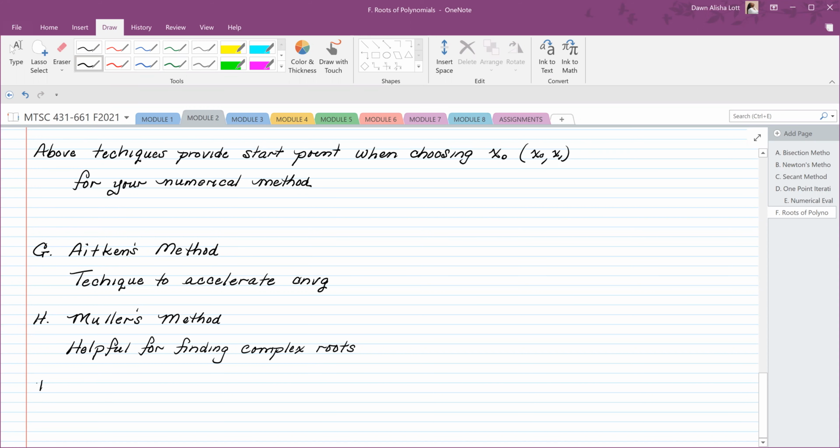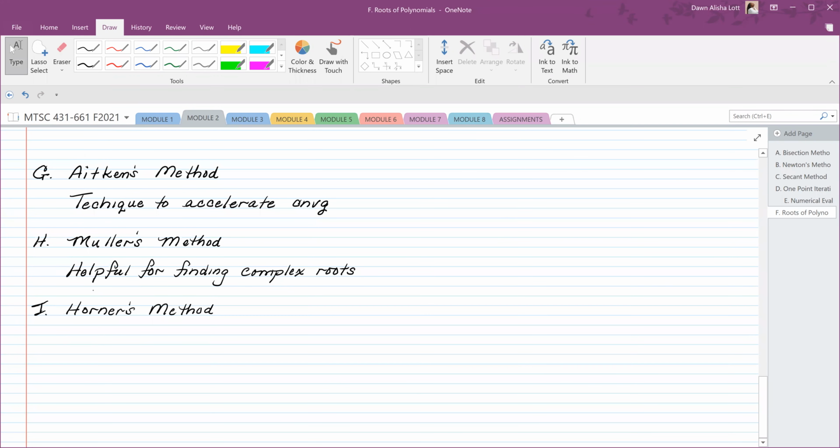And then there is Horner's method. And this is a method to evaluate a polynomial in a nested manner.